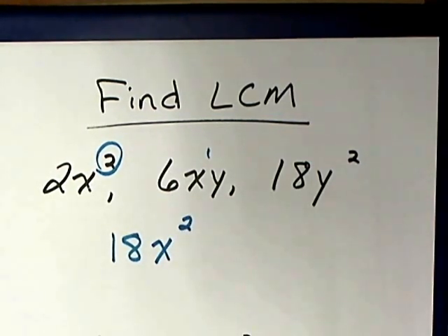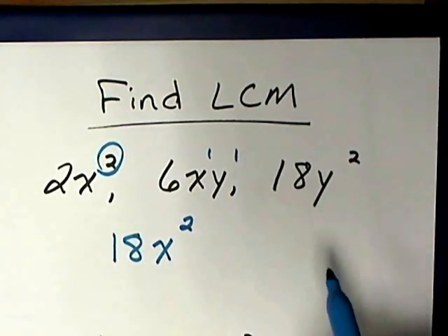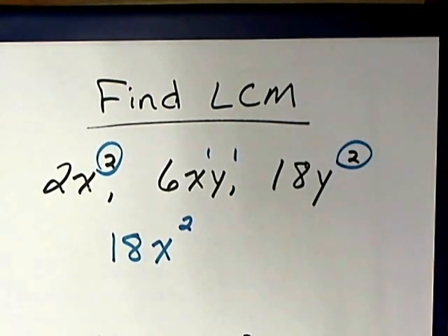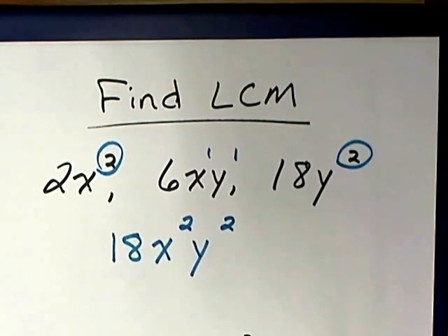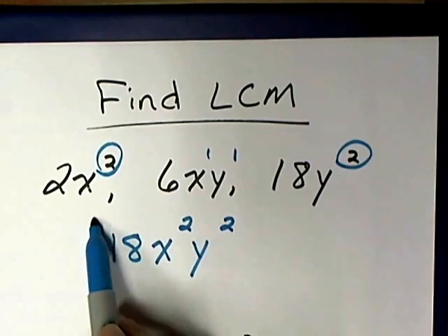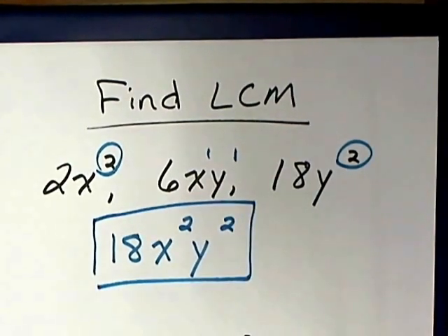The common multiple for our y's, that's y to the first, here's a y squared, is also a y squared. Remember, the LCM of variables is the highest exponent on that letter. So the LCM of these three terms is 18x squared y squared.